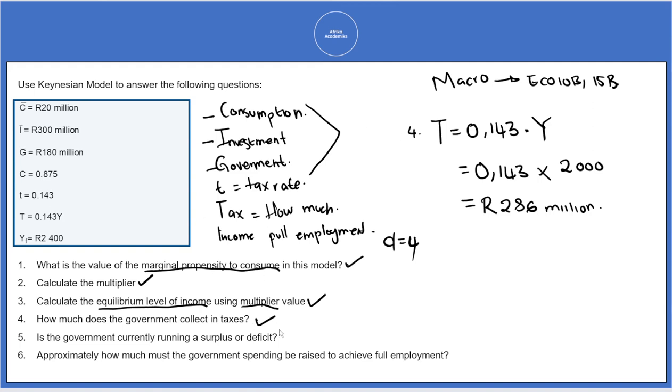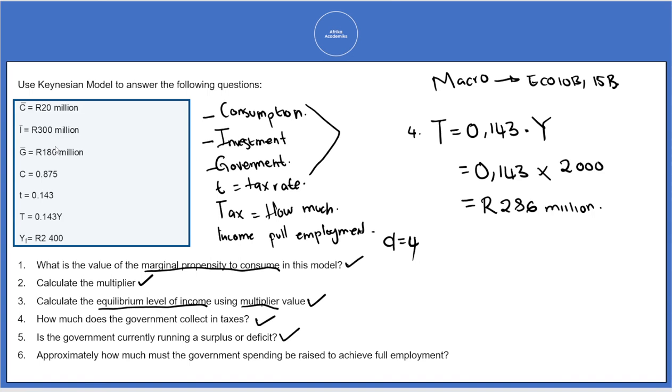Okay, and then the next question says, is the government currently running a surplus or deficit? So what does this even mean? Remember, a government has a budget, right? And from their budget they have spending. The budget comes from taxes. The money that the government uses to build roads or fund education or pay grants and other things comes from taxes. So the tax amount always has to be more than what the government is spending.